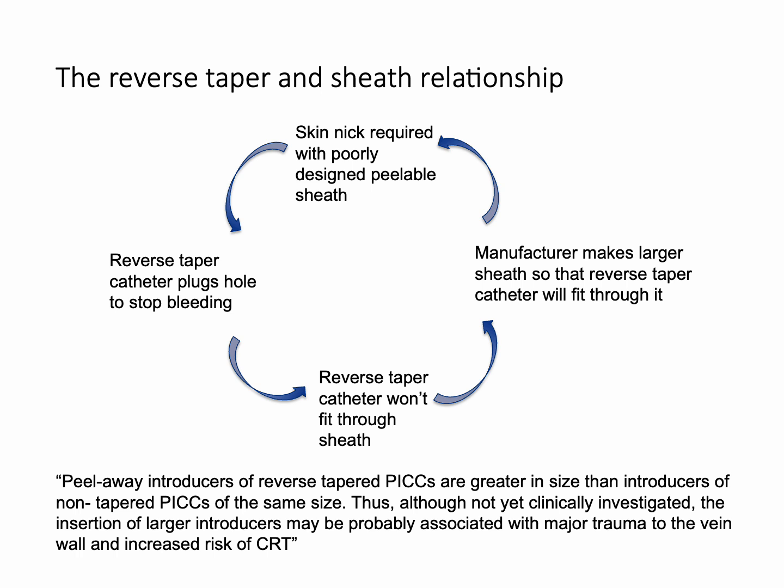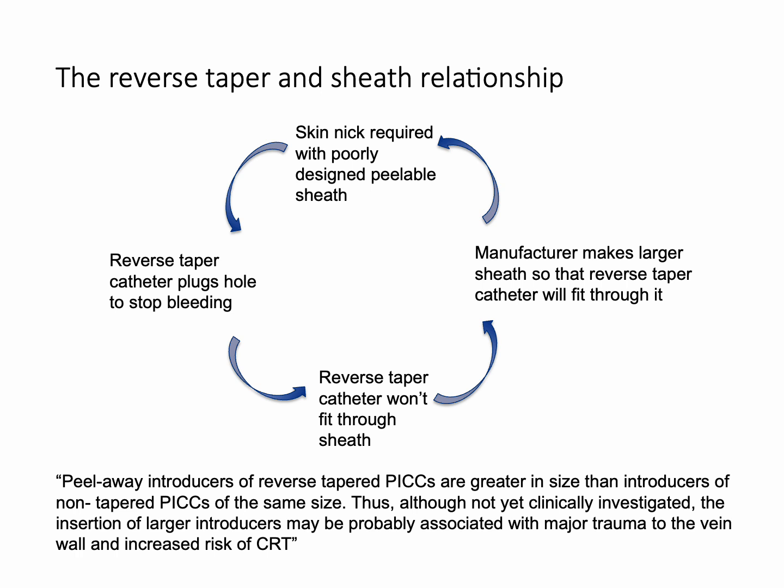A paper from 2021 by Bertoglio, published in the Journal of Vascular Access, focused on reverse taper and sheath relationship, but also tied in the fact that there was potential for catheter-associated thrombosis from these two common issues. And what they found was that reverse taper technology catheter wouldn't fit through a standard sheath. So manufacturers had to manufacture a larger sheath so that the reverse taper catheter component would be able to fit through the sheath.